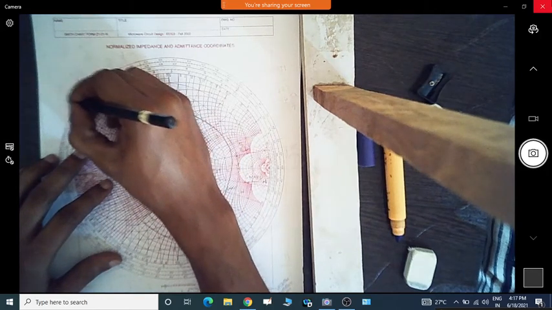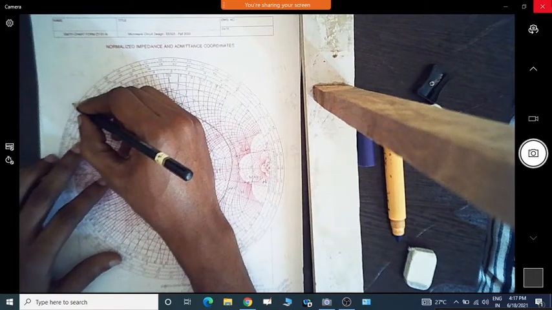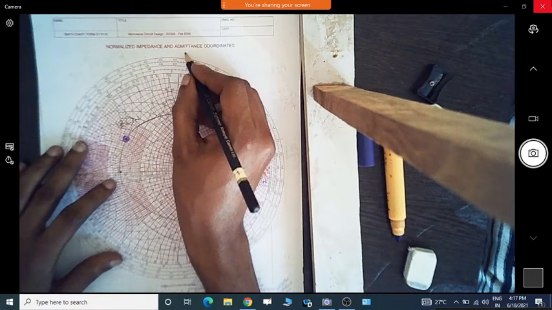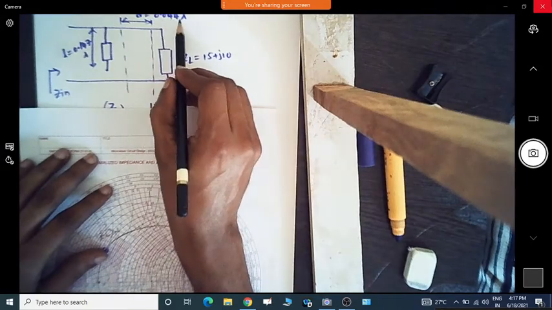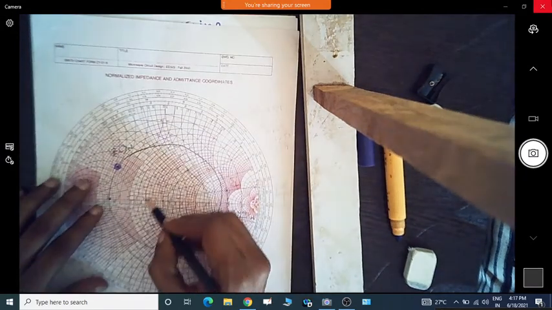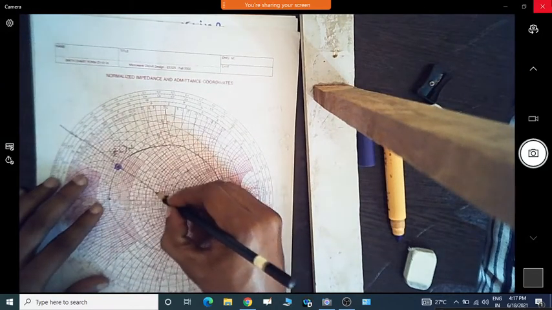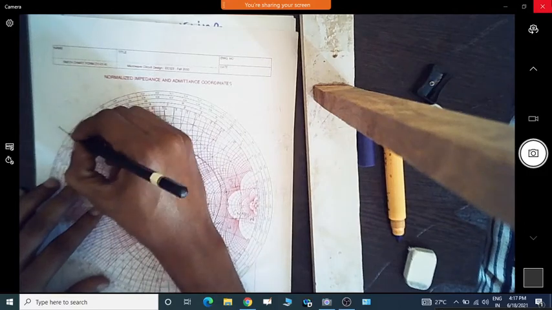So you will going to get some point. So from that load point, we have to move towards the generator the value of distance 0.044 lambda. Okay, so that is what we need to do. So take that value and join this line to the center and read the value here.